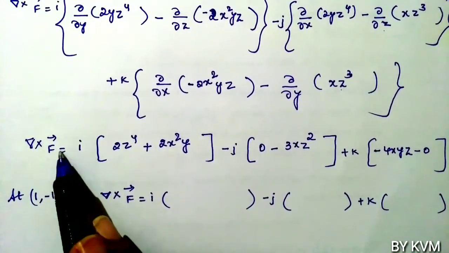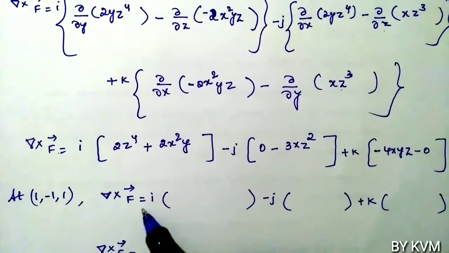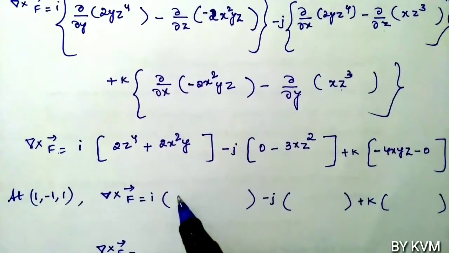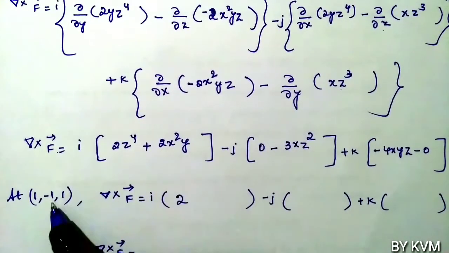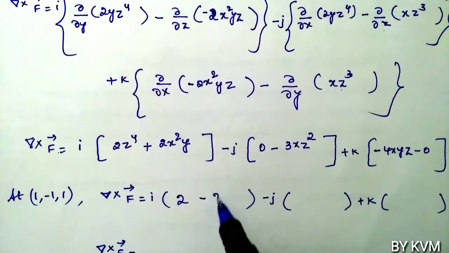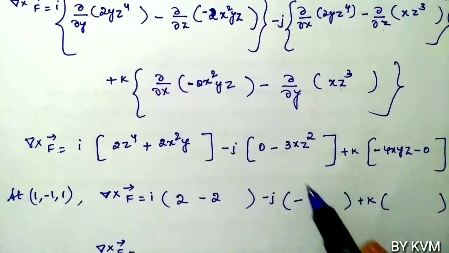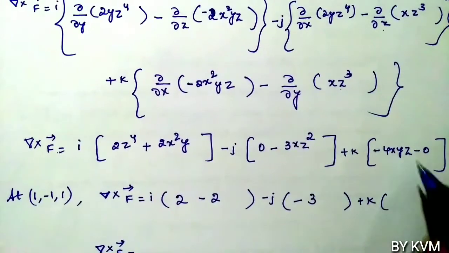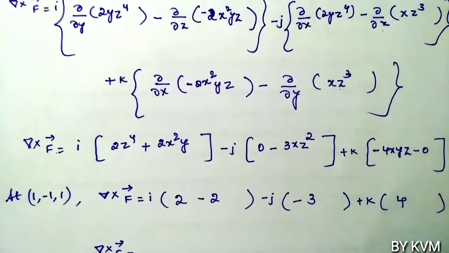We have to find curl, that is del cross vector f, at the point (1, -1, 1). So substitute x equals 1, y equals minus 1 and z equals 1. So del cross vector f equals i times, 2 into z power 4 means 2 into 1 power 4, 2, plus 2x square y. x is 1, y is minus 1, so minus 2. Minus j, x is 1, z is 1, so that is minus 3, plus k, x is 1, y is minus 1, z is 1, so we get plus 4.